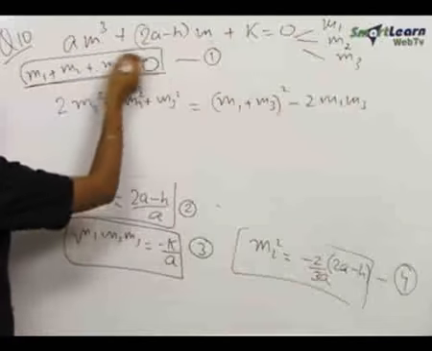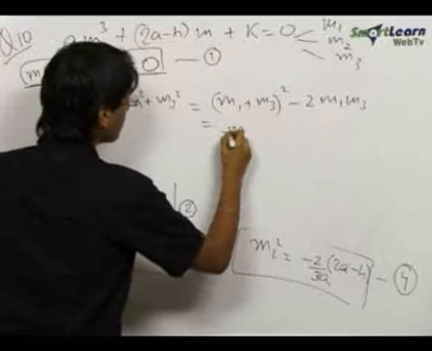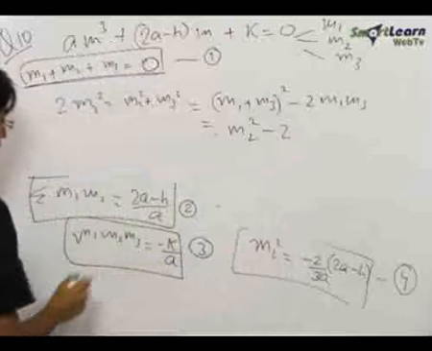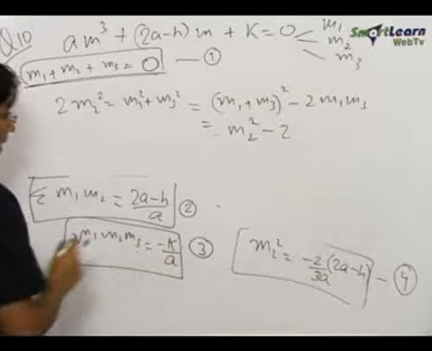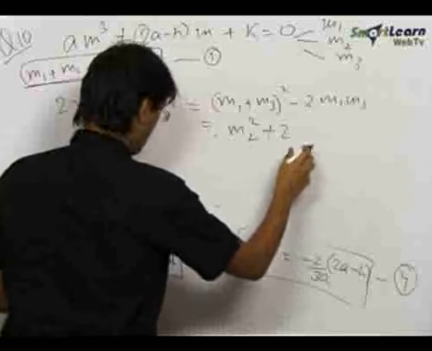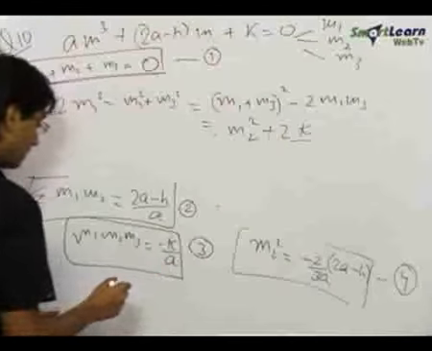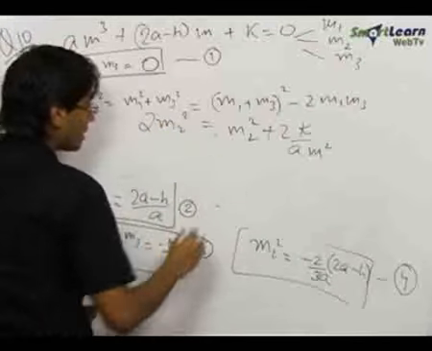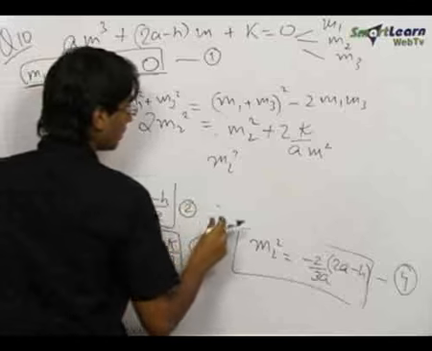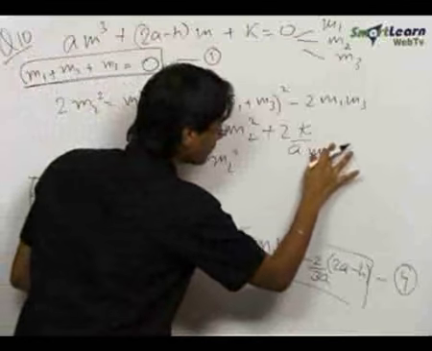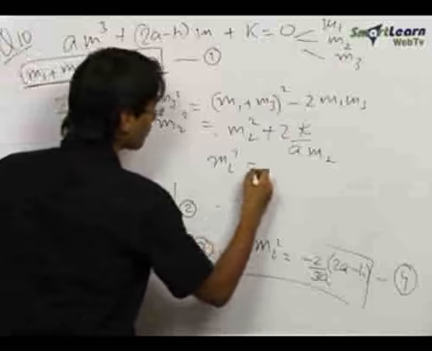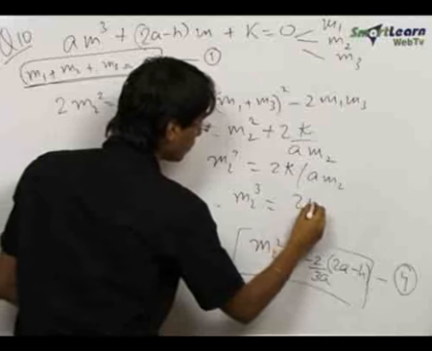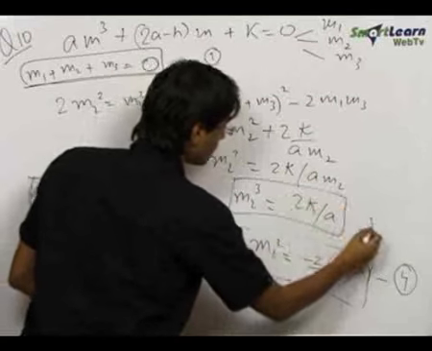We know that m1 plus m3 is equal to minus m2, so this becomes m2 square, and we know that m1 m3 is equal to minus k upon am2, so this becomes plus 2k upon am2. This is equal to 2m2 square. Hence the value of m2 cube comes out to be equal to 2k by a. This is our fifth equation.